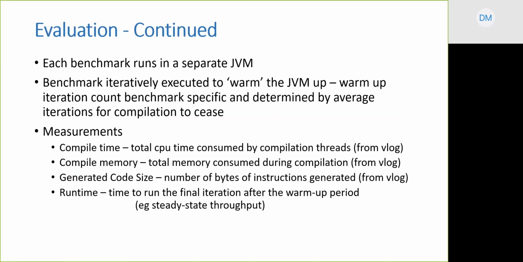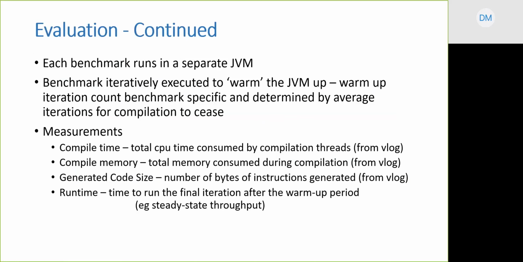What Eric did was measure on the experimental setup the number of iterations that were required for the JIT to reach a quiescent state where the number of compilations had ceased. He added a few extra iterations to that, like 3 or 4, and then we would measure throughput performance as the amount of time to execute the final iteration before shutdown after the warm-up.